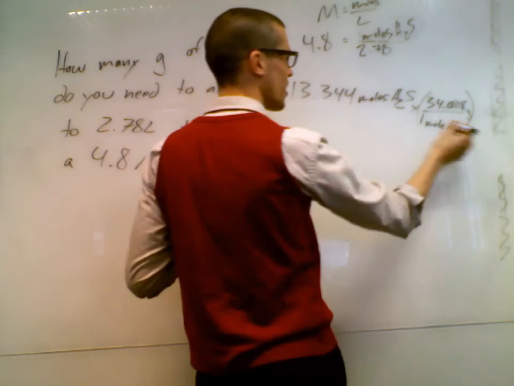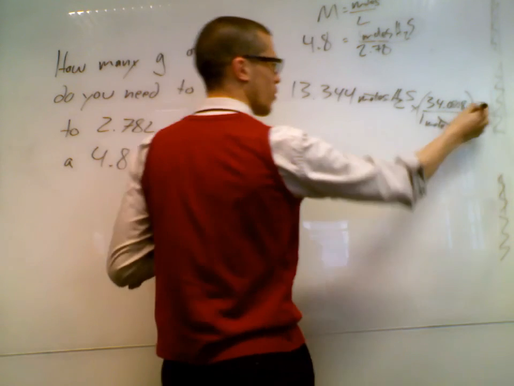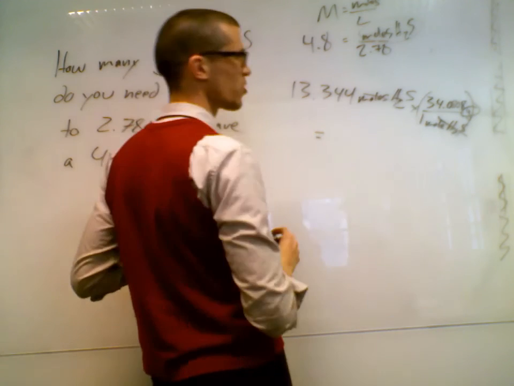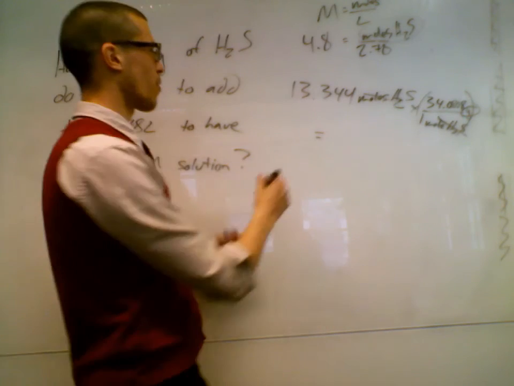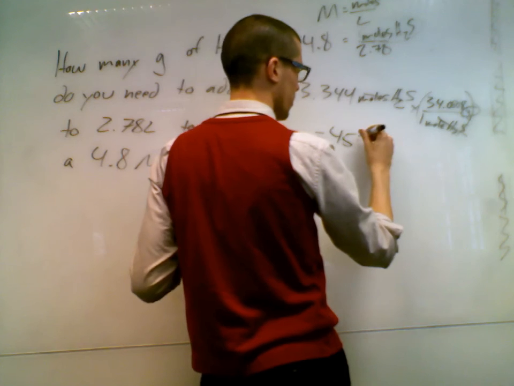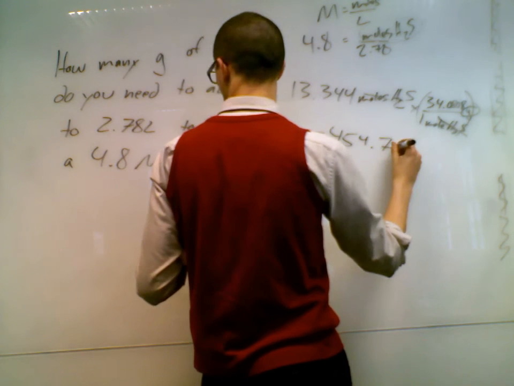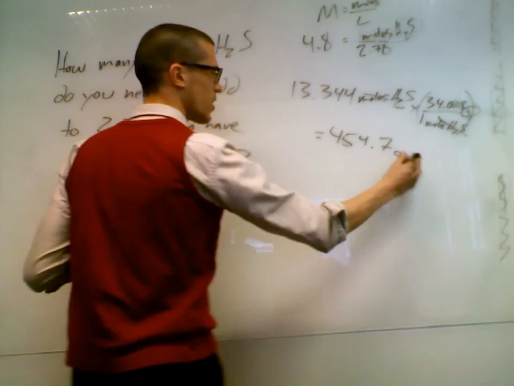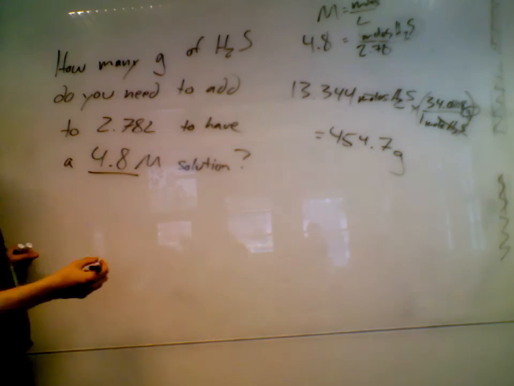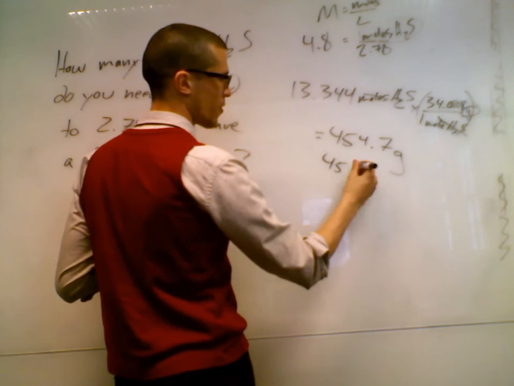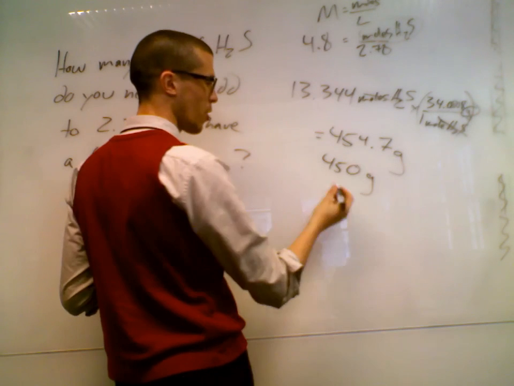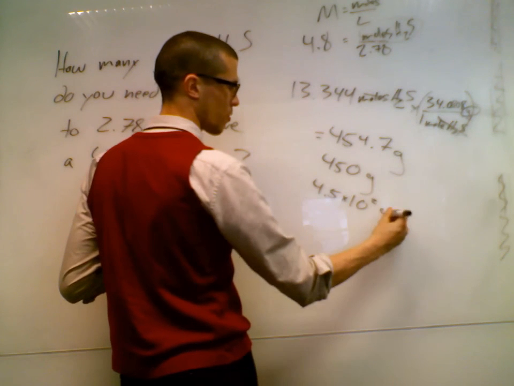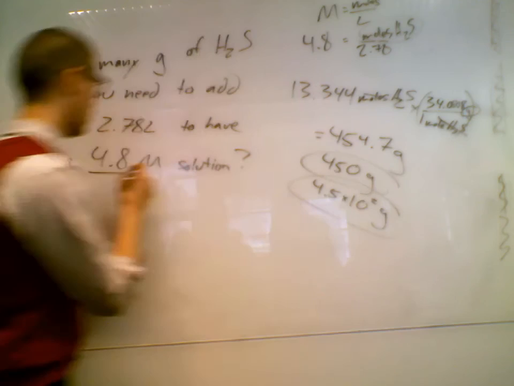When you multiply this, the moles drop off, and we're left with grams, so the final unit is grams. This equals 454.774. With correct sig figs, we only have 2 sig figs, so it could be 450 grams. You could also write 4.5 times 10 to the 2 grams, because there are 2 sig figs right here.